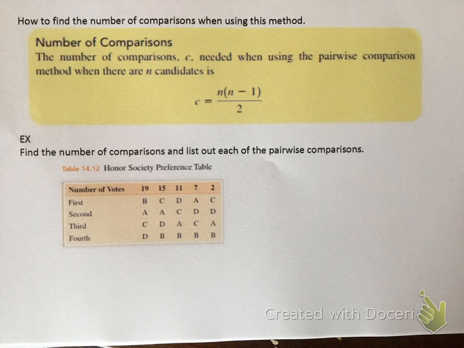For instance, if we look at the example before, it says find the number of comparisons and list out each of the pairwise comparisons. Well, if I look here, I can tell just by the ranking system. So first, second, third, fourth. So I know that there's 4th place. So that means we have 4 candidates.